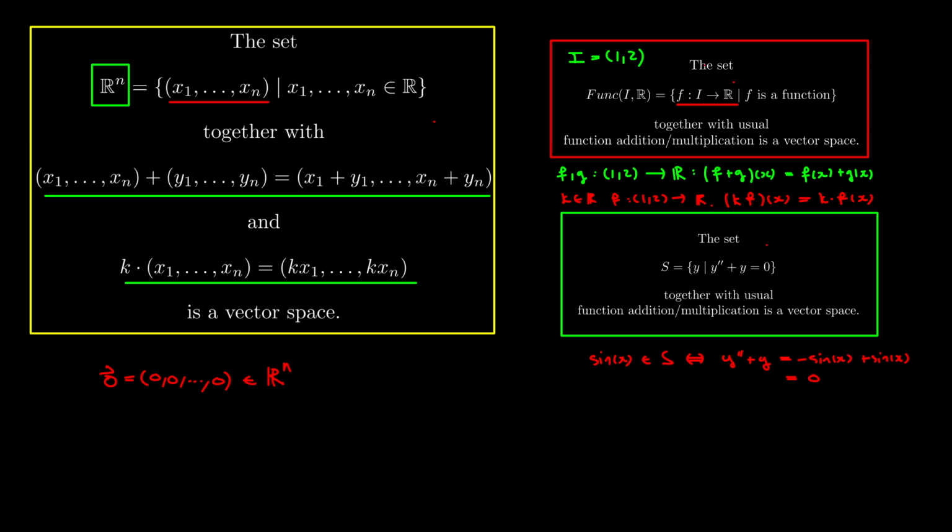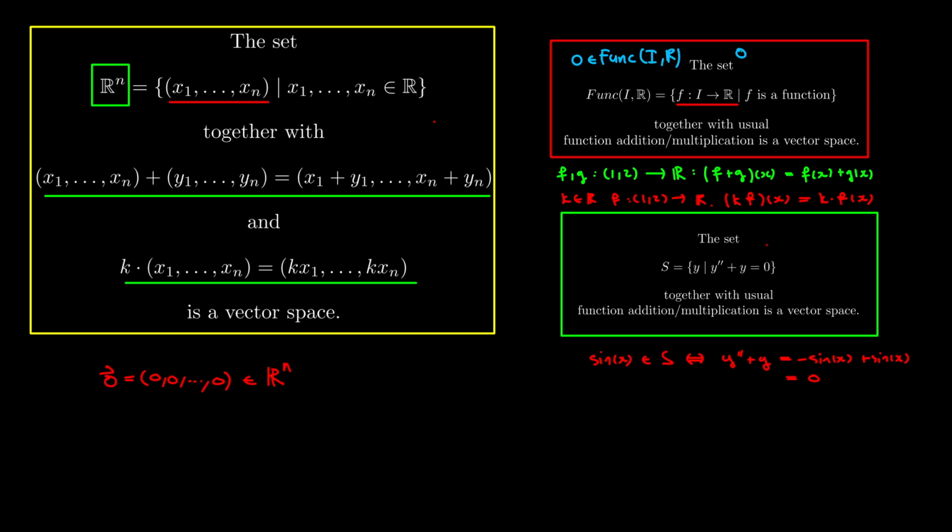Okay, now what about here? What is the zero vector in this space over here? Well, I will just point out that the zero vector in this space is going to be a function, right? So this is going to be an element of the set, but a very particular one.